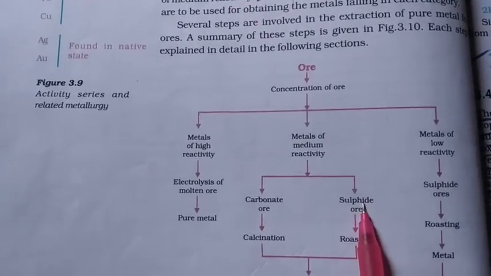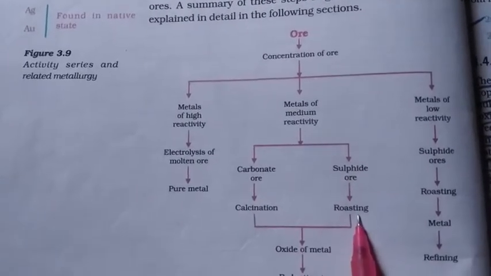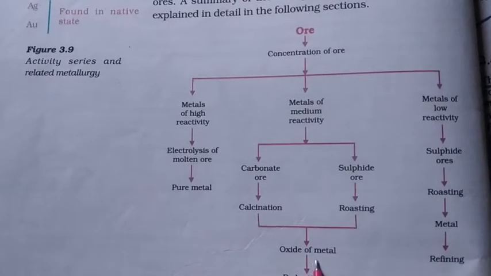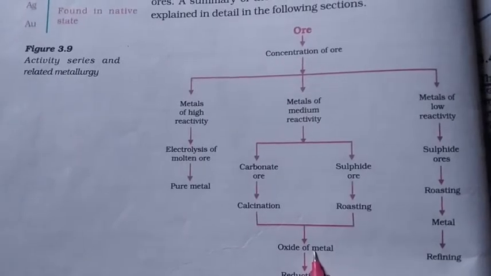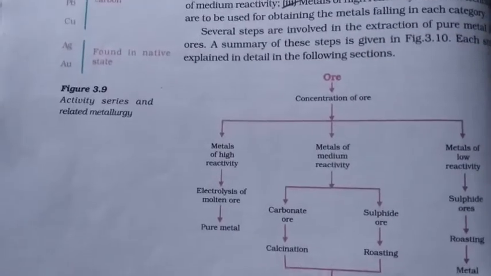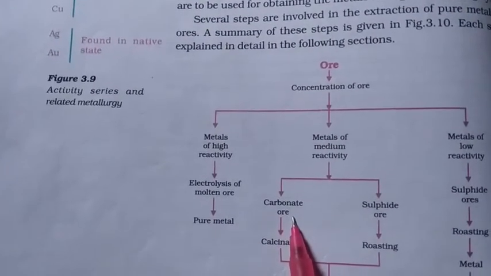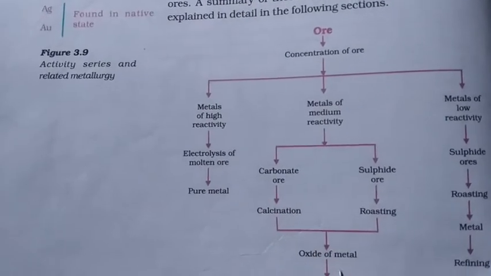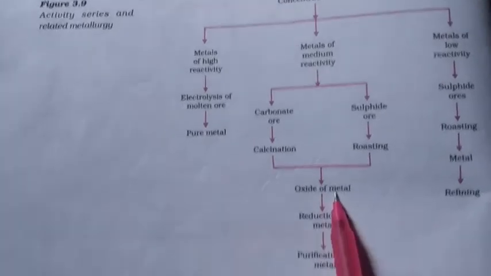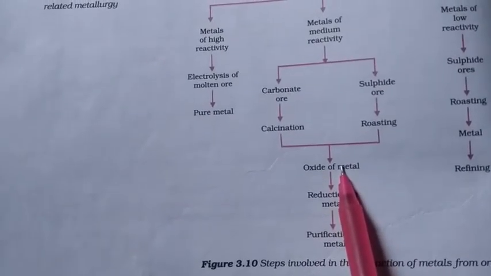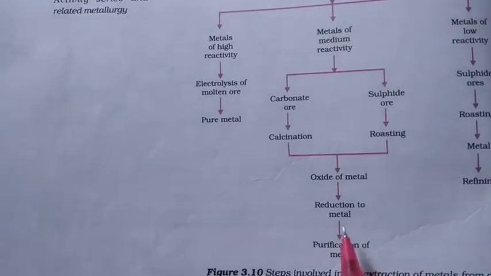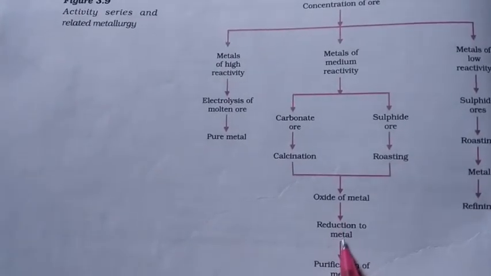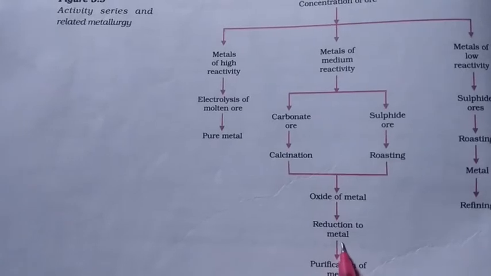Now if it is sulfide ore, then we will go through a process known as roasting. After roasting we will get the oxide of that metal. Again, if it is carbonate ore, then we will go through a process known as calcination, then we will get the oxide of the metal. After obtaining the oxide of the metal, through a simple reduction we will get the metal.